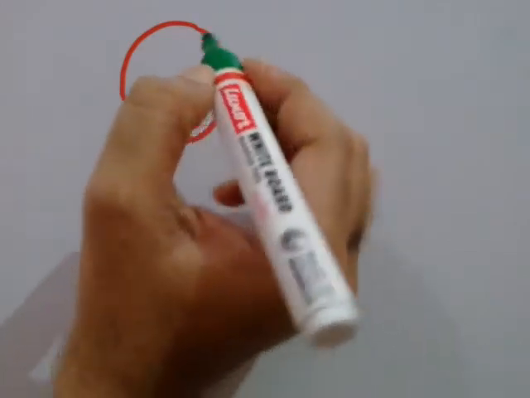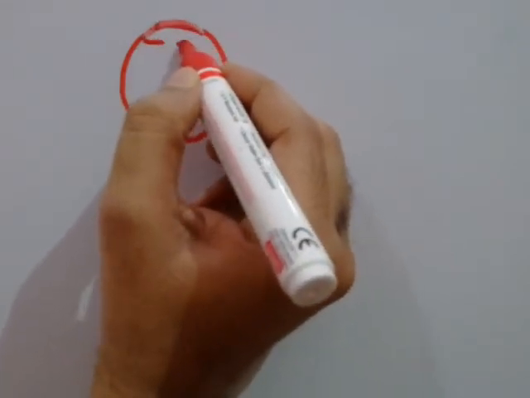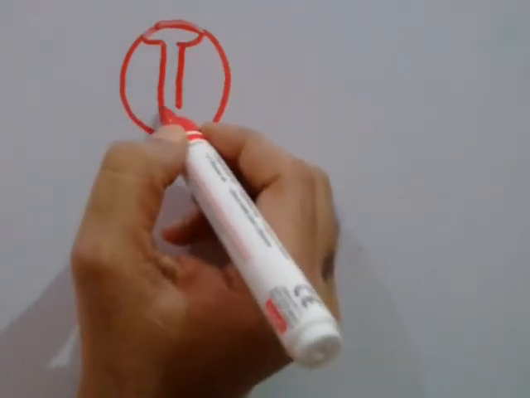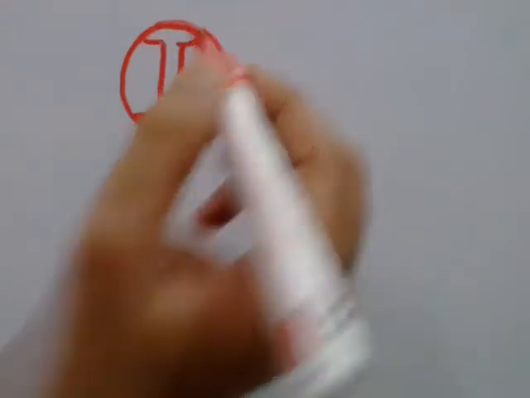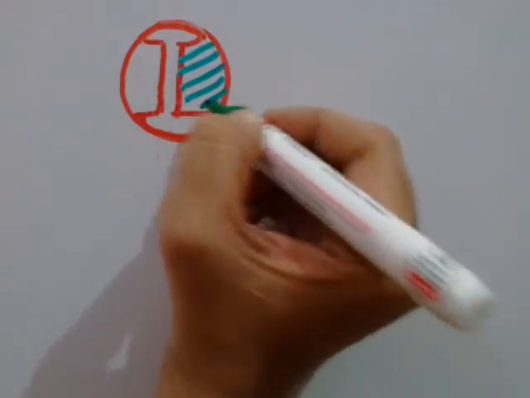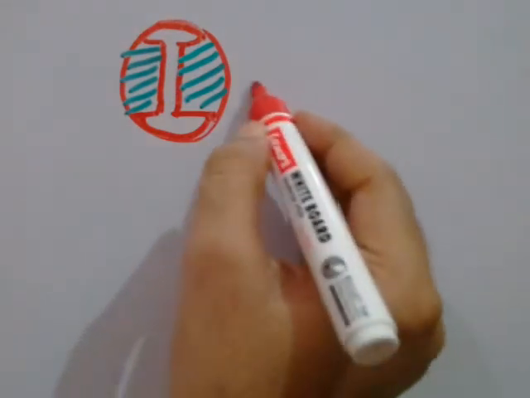So see here, if I take only this portion, and this green iron part that I am showing, if I remove it by machining, then which kind of rotor structure will you get?